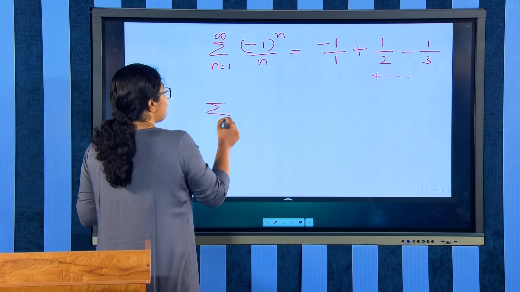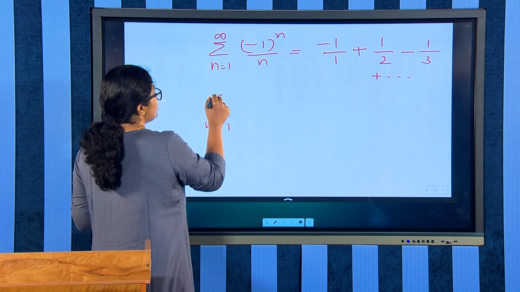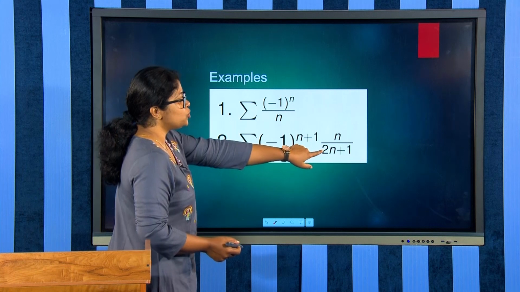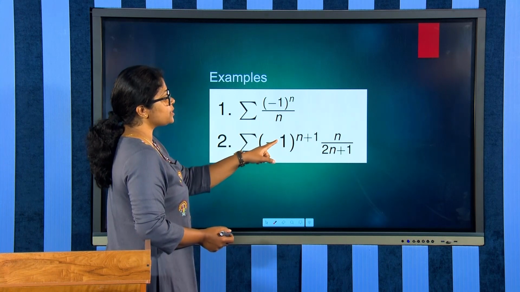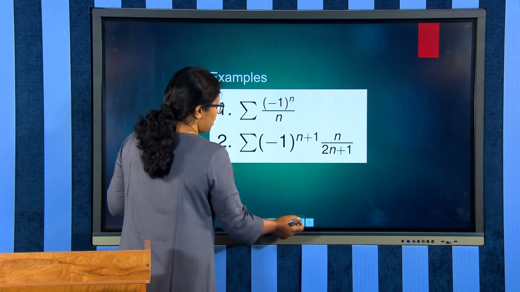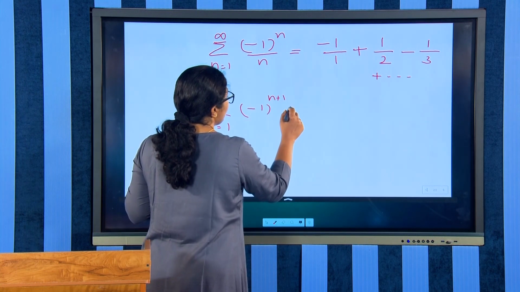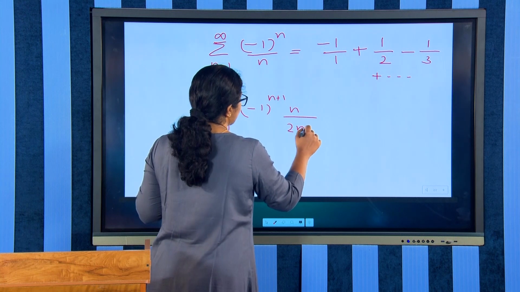The next example that we had is summation n equal to 1 to infinity (-1)^(n+1) n upon 2n plus 1.